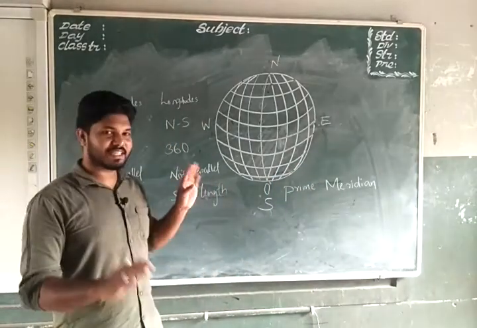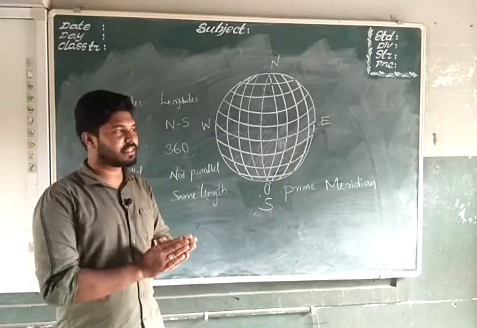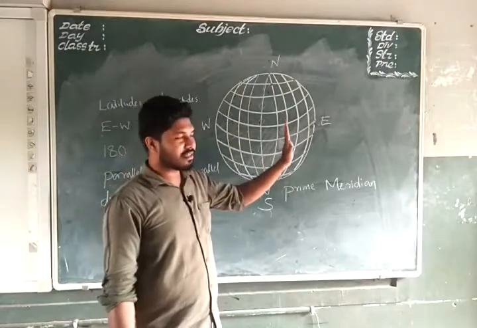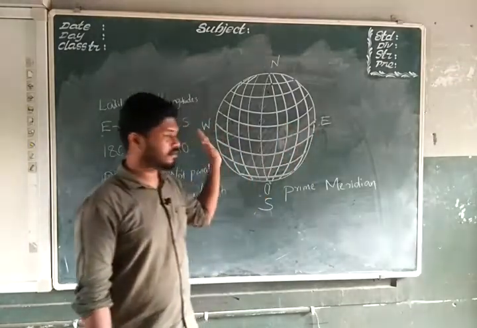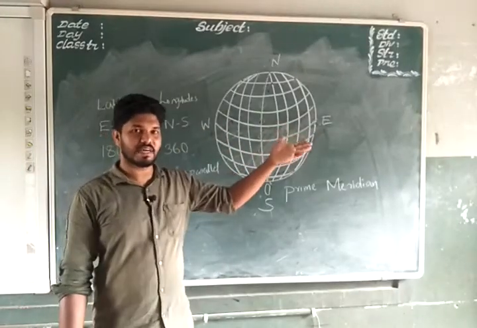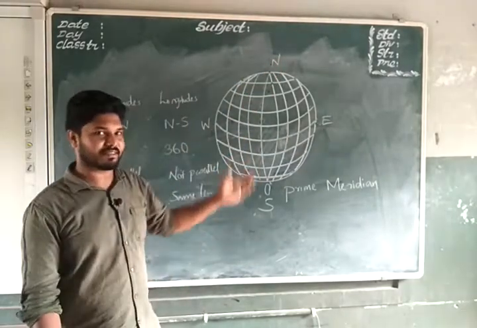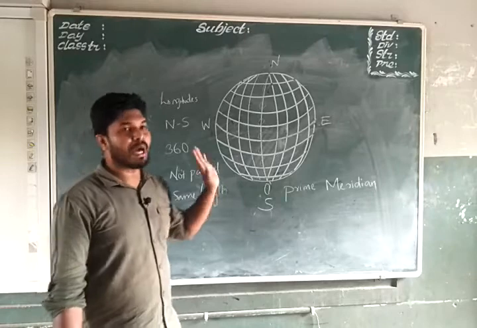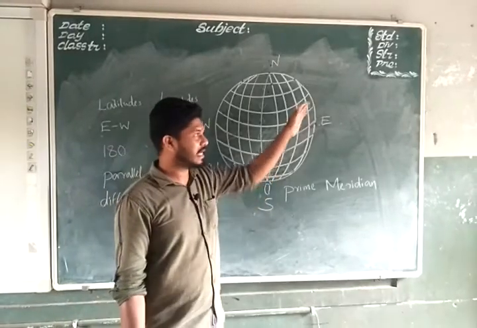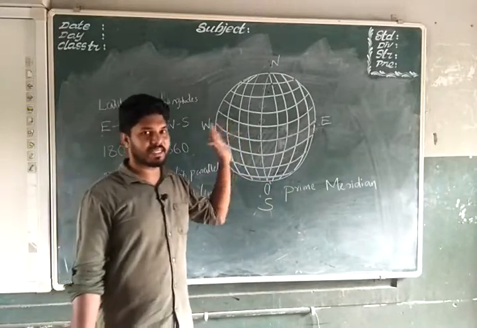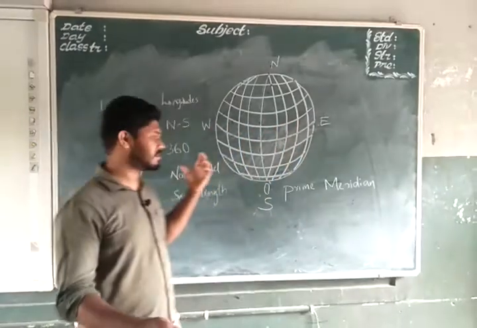So today we discussed the differences between latitudes and longitudes. See, latitudes are drawn from east to west, or west to east direction, whereas longitudes are drawn in the north-south direction. So that is the first difference. Number of latitudes is 90 plus 90, which is equal to 180. Number of longitudes is 180 plus 180, that is 360.